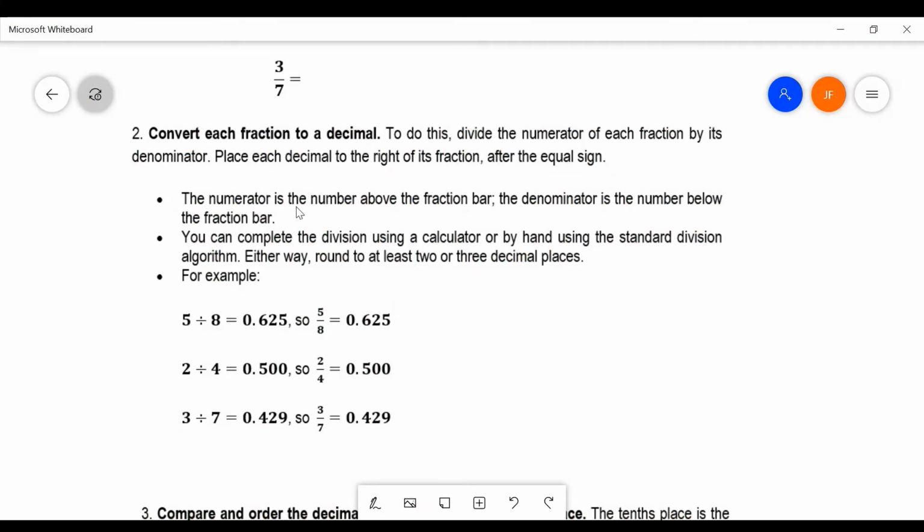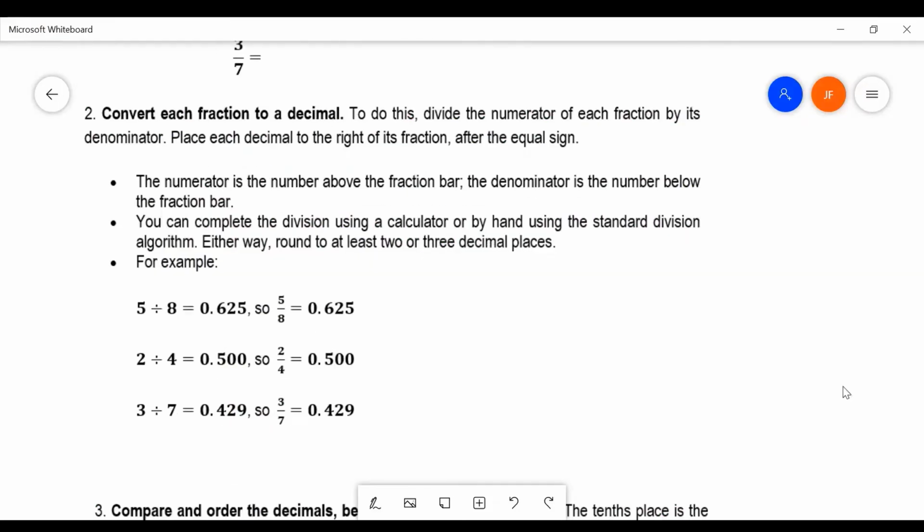The numerator is the number above the fraction bar. The denominator is the number below the fraction bar. You can complete the division using a calculator or by hand using the standard division algorithm. Either way, round to at least 2 or 3 decimal places.